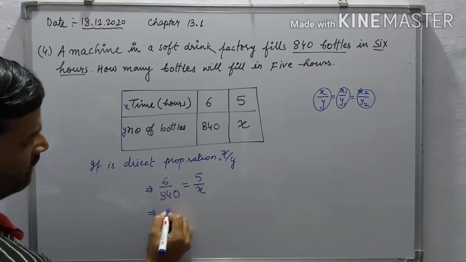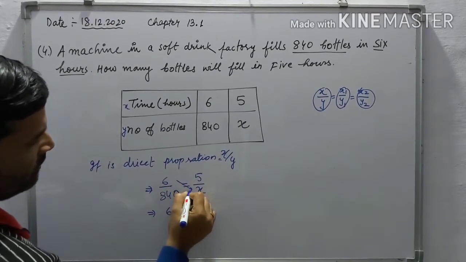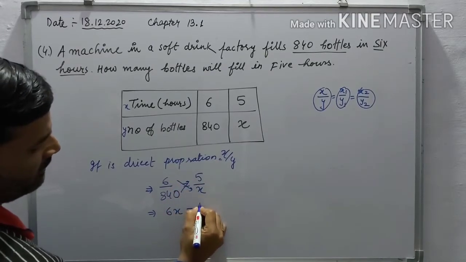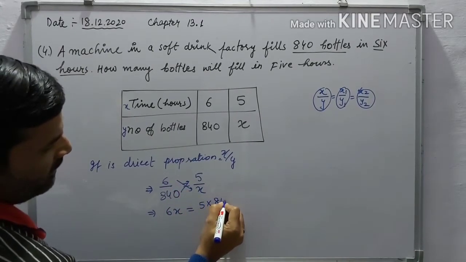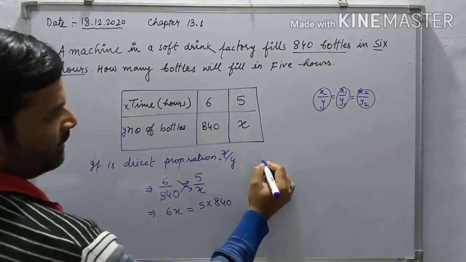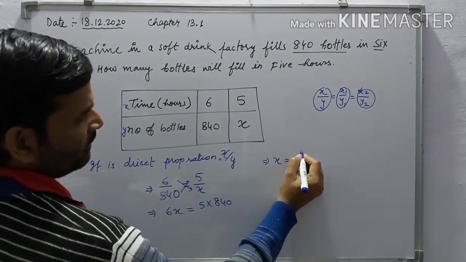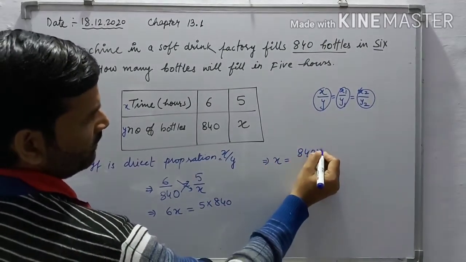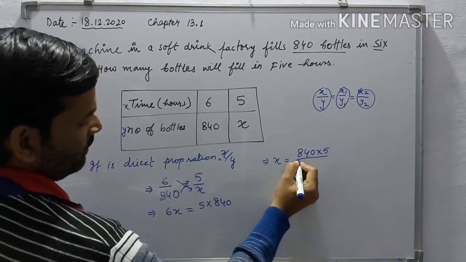By cross multiplication, 5 multiplied by 840, then x is equal to 840 multiplied by 5 upon 6.